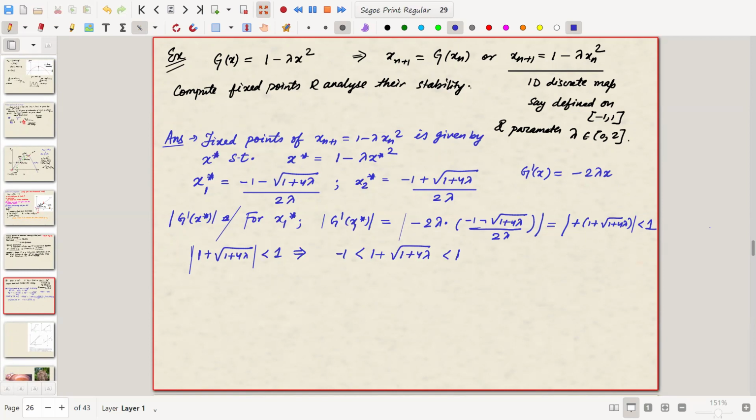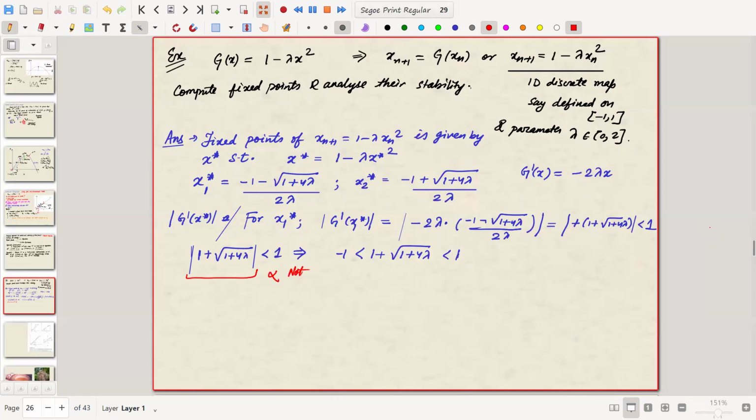Why doesn't it make sense? Observe this quantity alone. This quantity is 1 plus something positive, and you are asking that quantity to be less than 1. That is never true, so this cannot happen.